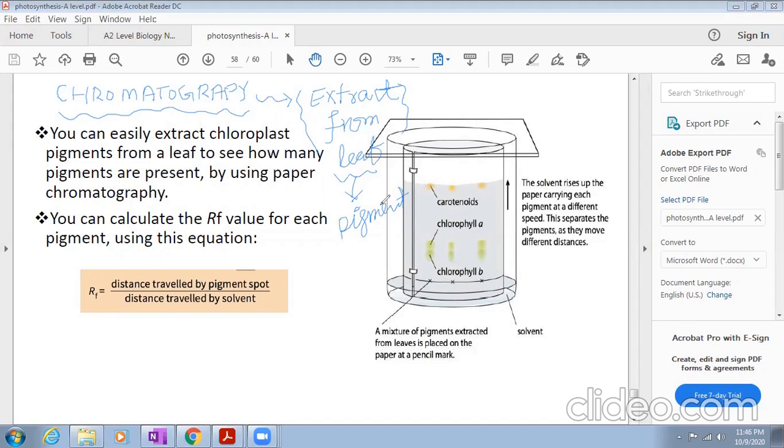By the process of chromatography. So what do we have to do in chromatography? The first thing, we have chromatographic paper, right? This is chromatographic paper.